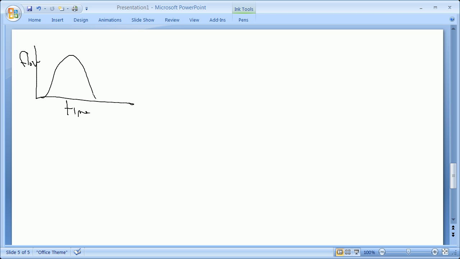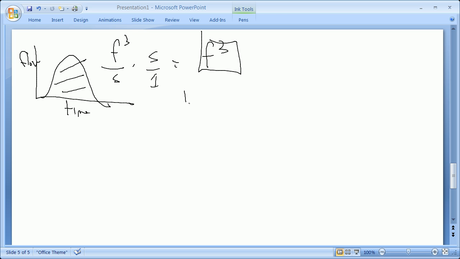Therefore, the area underneath, if you have cubic feet per second times seconds over 1, is cubic feet. So we know something about the integration of the hydrograph.